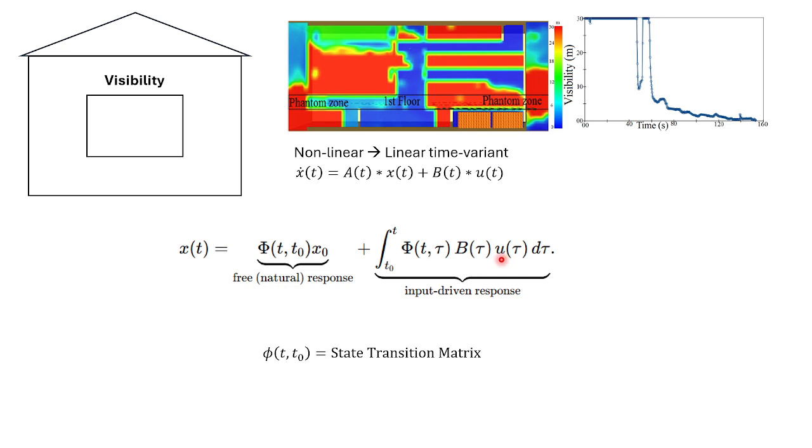That means there will be a smoke induced by the fire, and that is u tau. So the u tau corresponds to the input at that very small time, and this is provided by the fire, or it can be by us. Like for different systems, this is the user input.